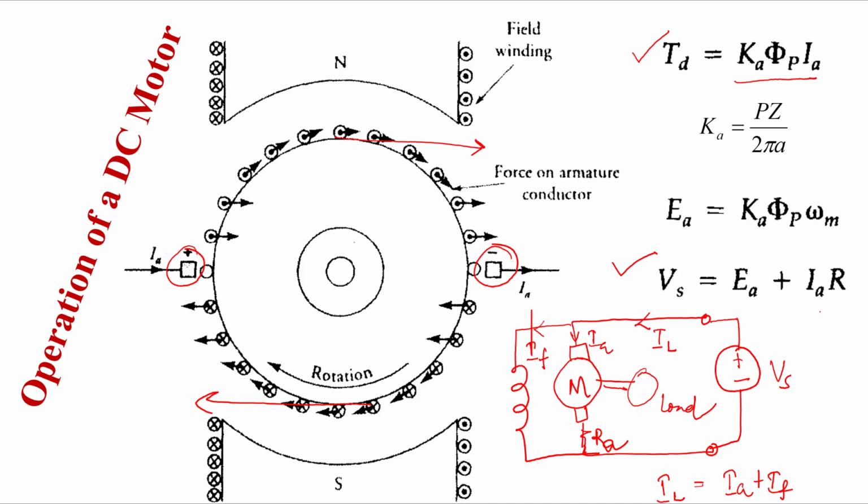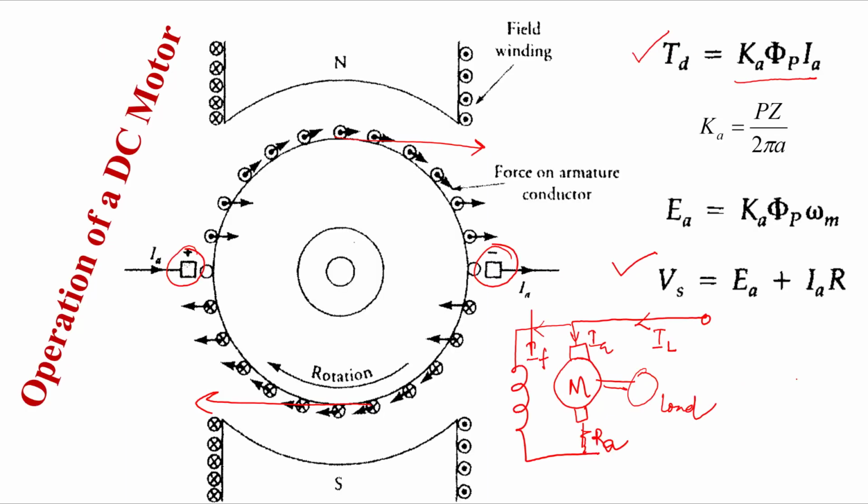But in case of a generator, the terminal voltage Vs or VL is equal to EA minus IA Ra, right? It is just the opposite. So these are the equations related to the motor, right?